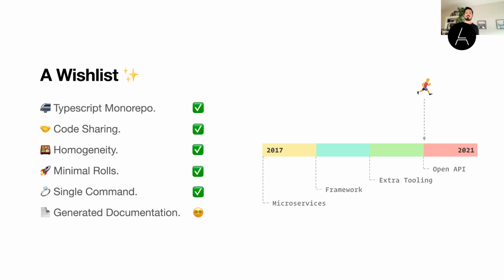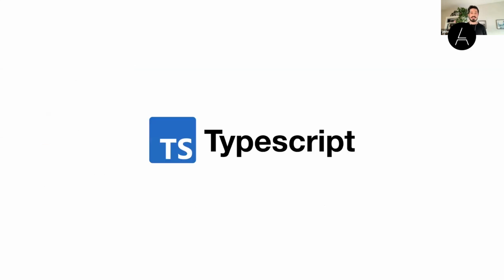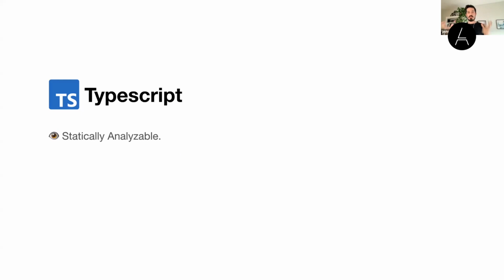Now, generated documentation is still something that was missing from this. How do you do that? And the truth is that we have TypeScript. Everything is written in TypeScript in our monorepo, and everything is related and is using common tooling. So when you are at this stage, it is actually not that difficult to analyze everything because everything is statically analyzable.